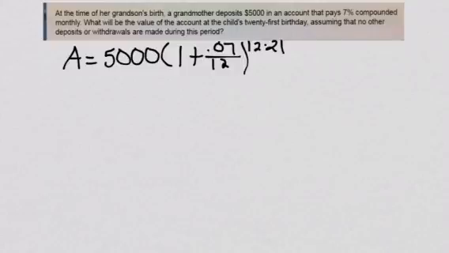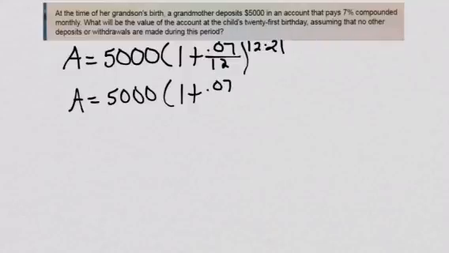Alright, now we're going to go through and simplify this up a little bit. Okay, so we have A equals 5,000 times 1 plus 0.07 over 12, raised to 12 times 21, which is 252.